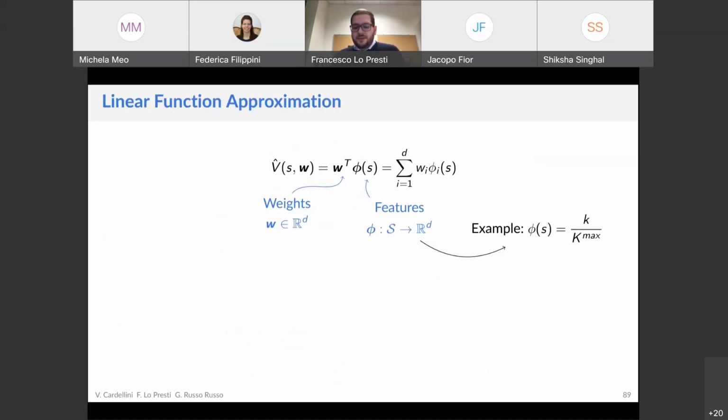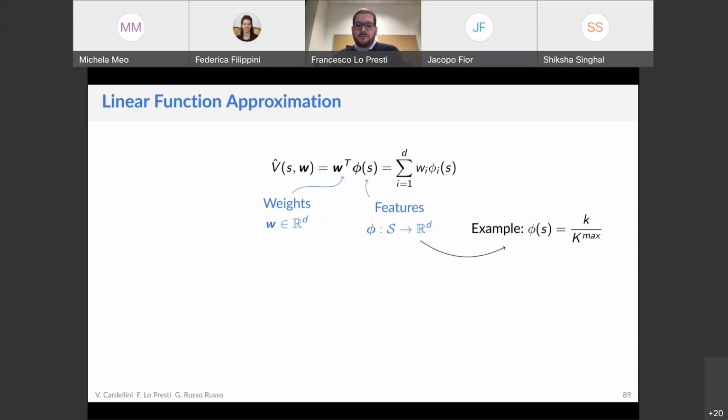Now, as regards the choice of the function to use for the approximation, the simplest approach we can consider is linear function approximation, where the approximate function is a linear combination of the weights W and a vector of features.